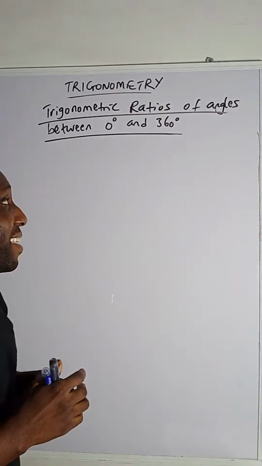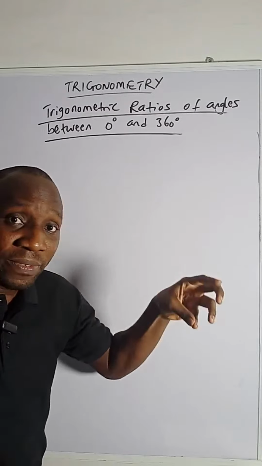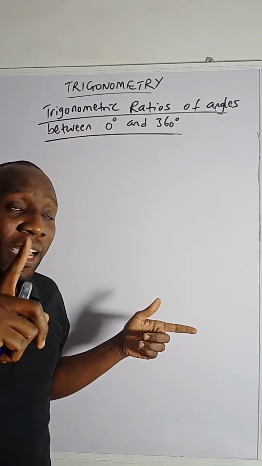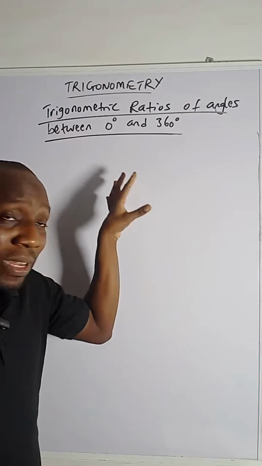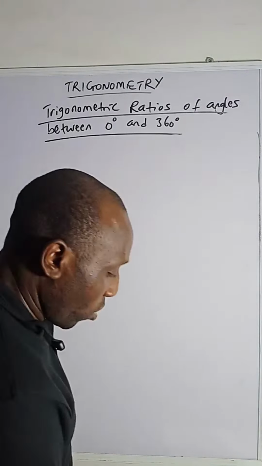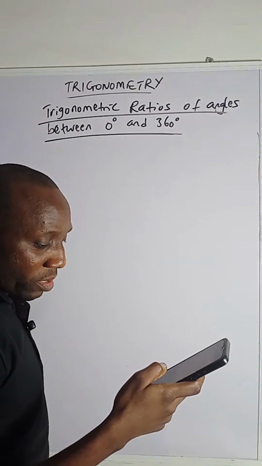And there's something I even left out. I should have explained why sine is positive in a certain quadrant, why tan is positive, why cos is negative or positive. But I don't want it to be too long, and some people might not find that interesting.